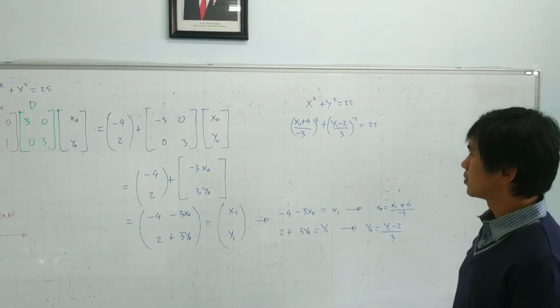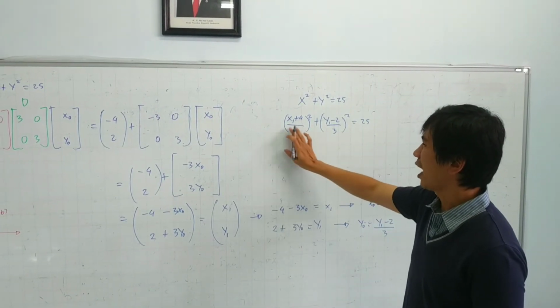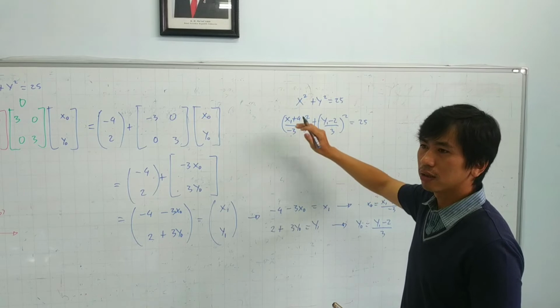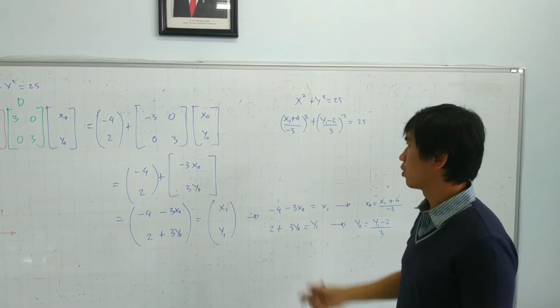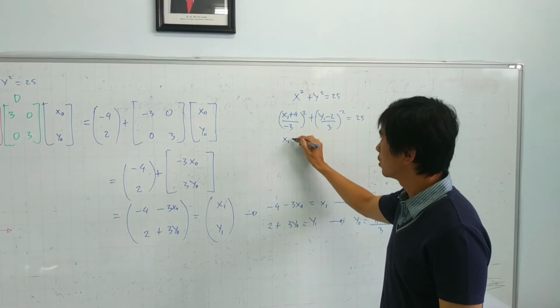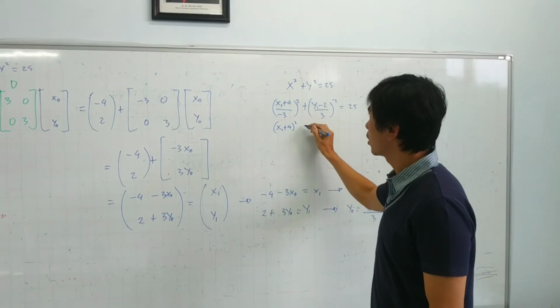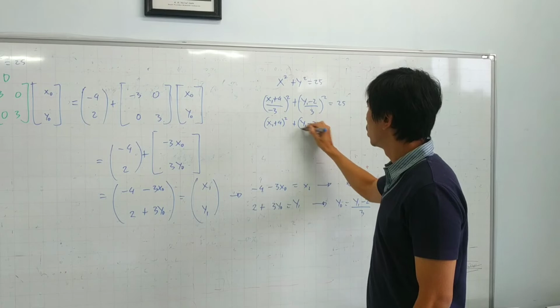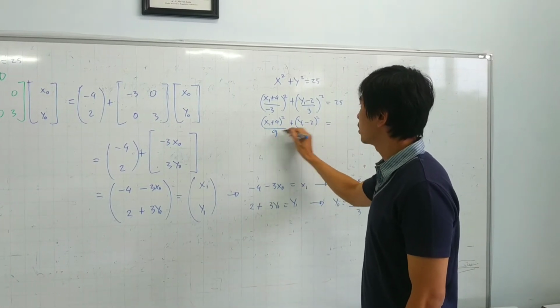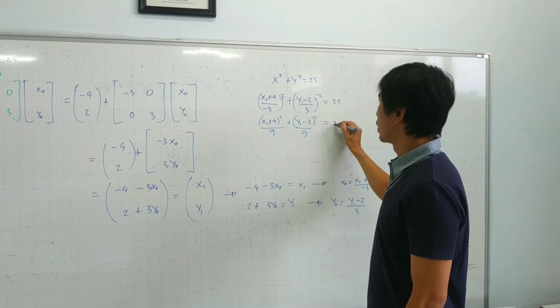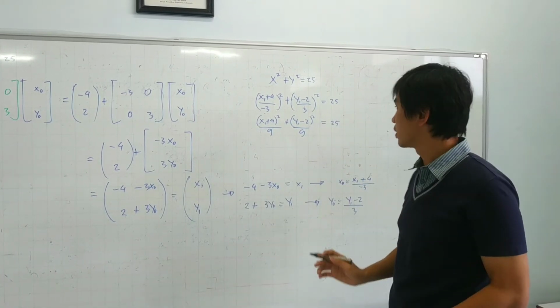Right? Now, we have the denominator. We can just times it with 9, of course. So we'll have (x1 plus 4) squared plus (y1 minus 2) squared equal with, this one is 9 over 9, this is 25, right? So we times with 9 on both sides.